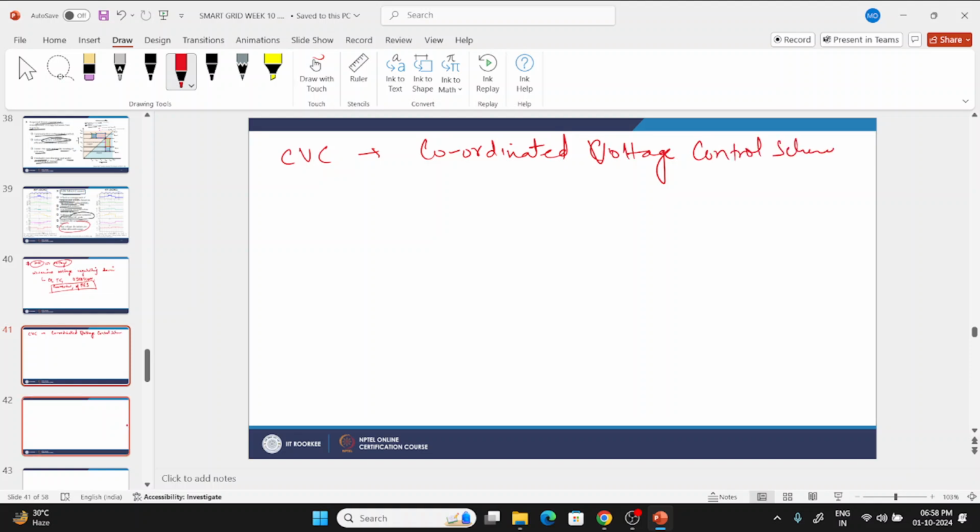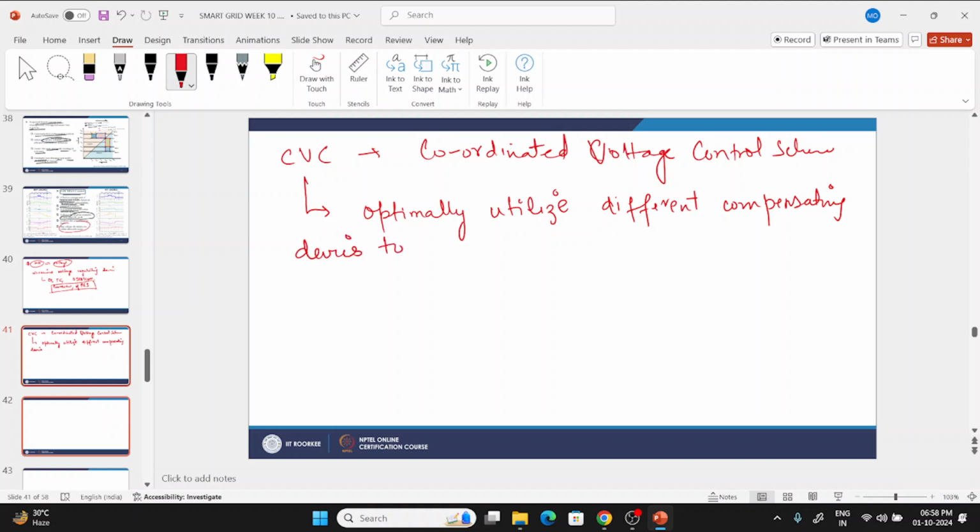Now what is its objective? The main objective of this coordinated voltage control scheme is, first, to optimally utilize different compensating devices to increase the reactive power reserve.